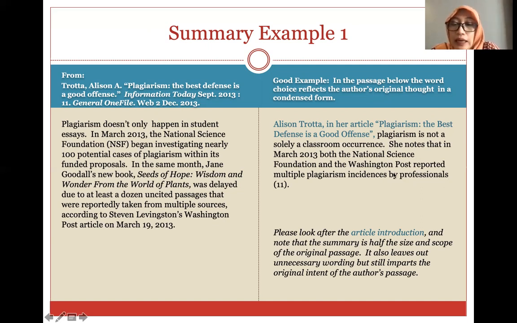Nah, karena kita hanya mengambil main points-nya, kita meninggalkan extra details-nya, seperti misalkan judul buku yang ternyata isinya banyak plagiarismenya seperti Seeds of Hope itu kita tinggalkan ya. Kemudian according to Steve Livingston Washington Post-nya cukup kita jadikan sebagai informasi penting menemani si NSF ini. Jadi hanya menyebutkan nama institusinya saja tanpa memberikan extra details ya.